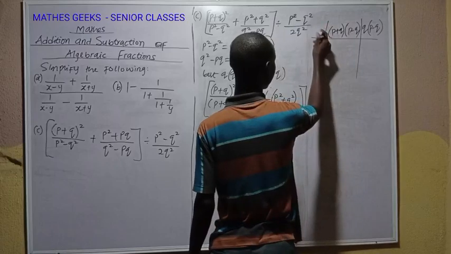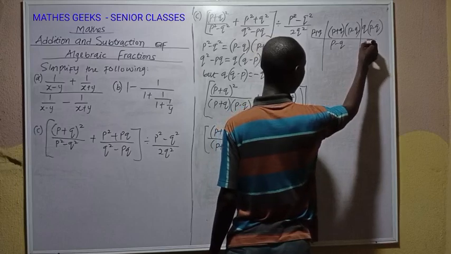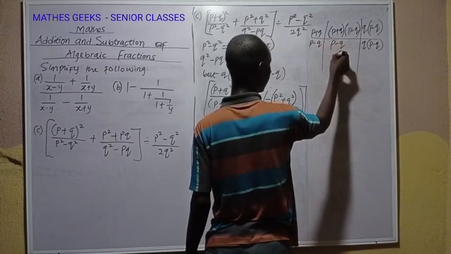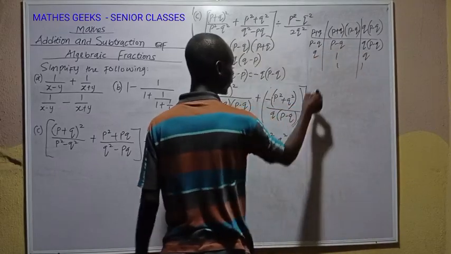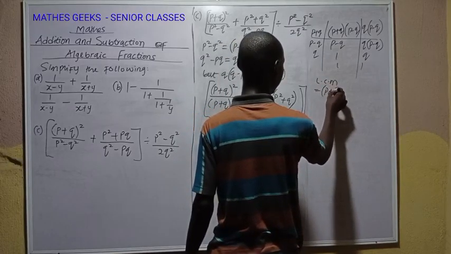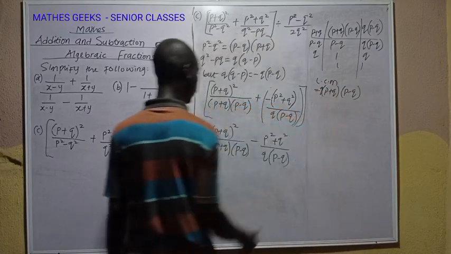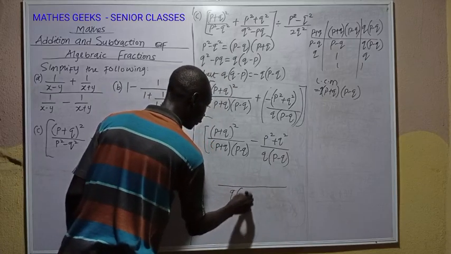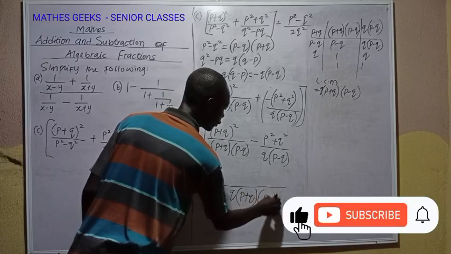What's common is p plus q and p minus q. So our LCM is equal to q, p plus q, and p minus q.